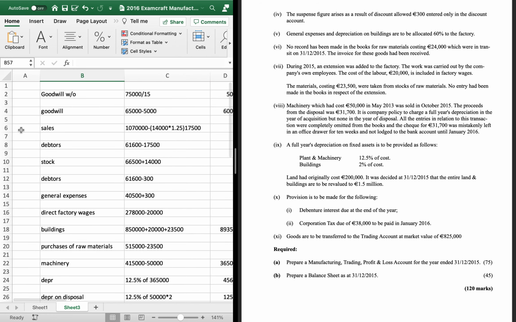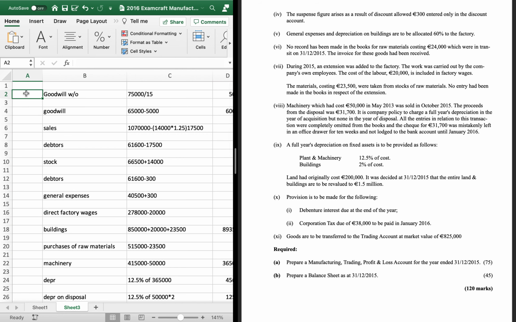So we've got goodwill written off, so that would be a selling expense, would be admin maybe. Yeah, goodwill written off would be admin. Goodwill itself is a fixed asset. Sales will go in the trading account. Debtors is a current asset, and obviously there's no bad debt provision in this.